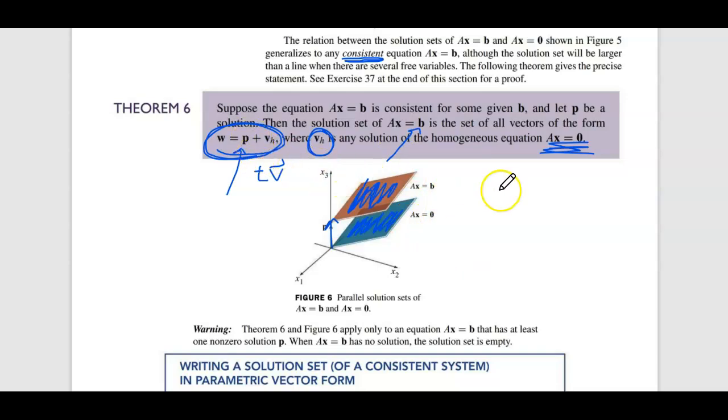This is kind of in that way, where this b here determines where that plus P lands. So here's your solution to Ax equals 0, and then your plus P vector determines where this is going to be. Without it, we just leave it out.